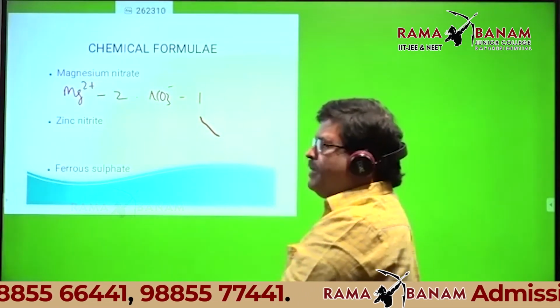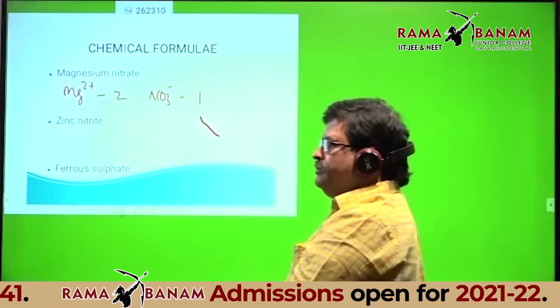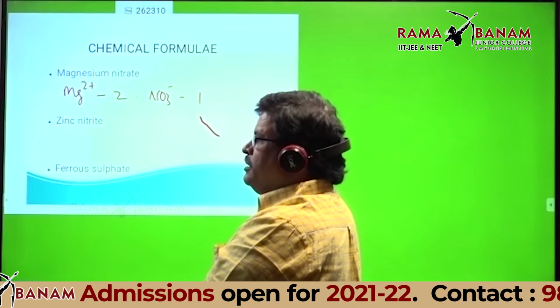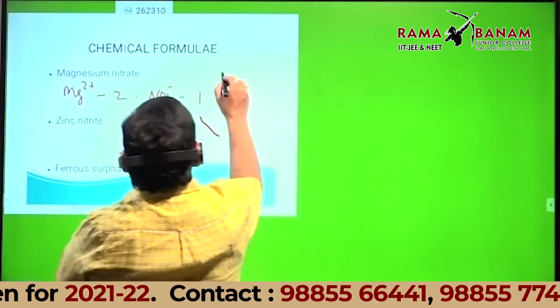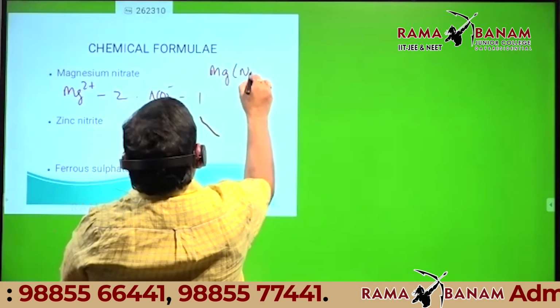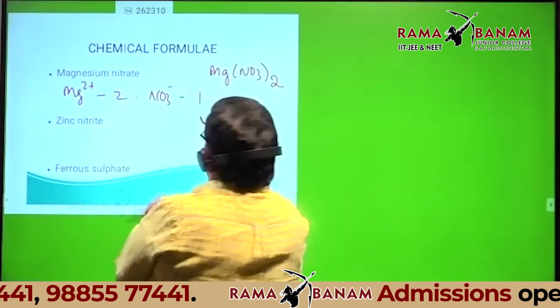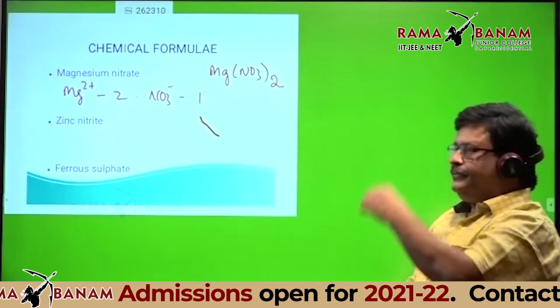Can you mute your mobile, please? So the formula of magnesium nitrate is Mg(NO3) twice. Any doubt? No, sir.